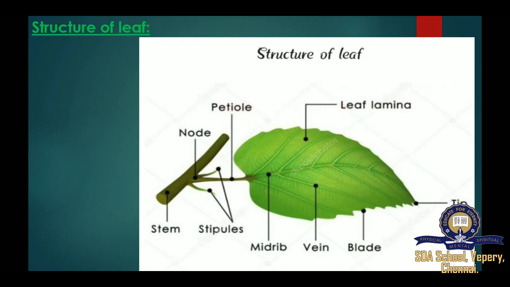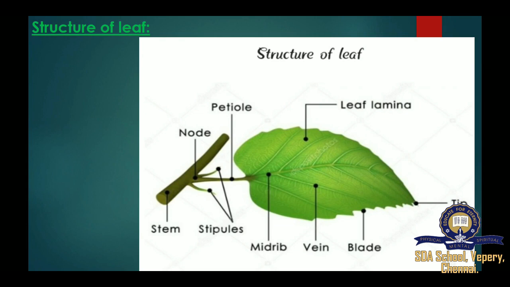Lamina is commonly known as leaf blade and petiole is commonly known as leaf stalk. The broad green part of the leaf is called lamina. The thin stalk with which the leaf is attached to the stem is called petiole. There is the midrib or main vein in the center of the lamina.